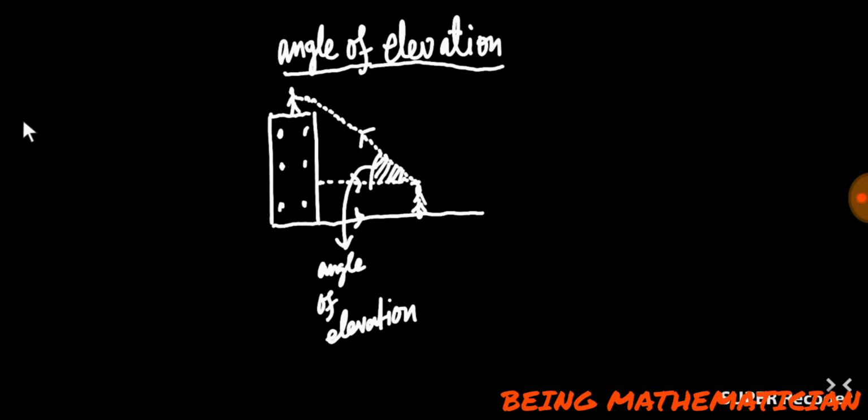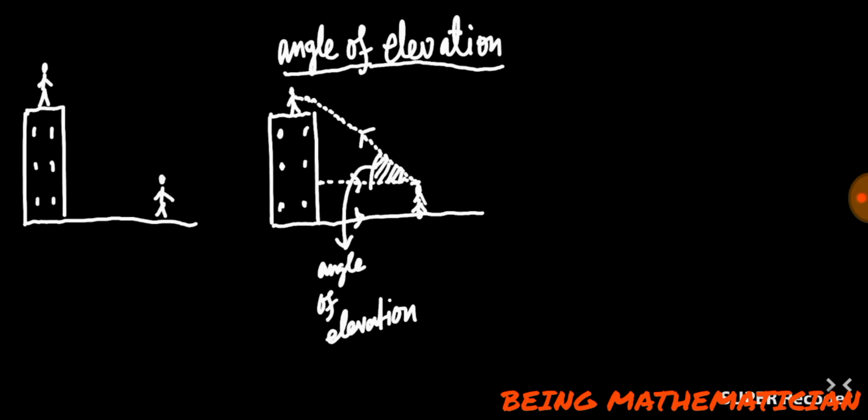Suppose in the same condition, there is a building and one person stands here, and another person stands here whose height is not negligible. Then this person sees this person along this imaginary line.